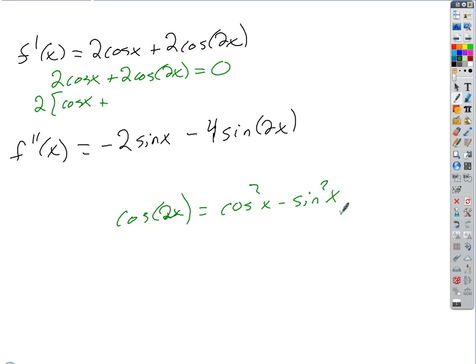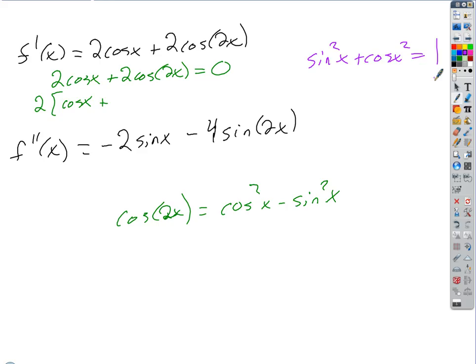But remember, we can always trade a cosine squared x for 1 minus sine squared x, because we've always got this identity to fall back on: sine squared x plus cosine squared x equals 1. If I want to rewrite this in terms of sines, I would solve for cosine squared x and get 1 minus sine squared x and substitute. If I want to rewrite this in terms of cosines, I would solve for sine squared and substitute.